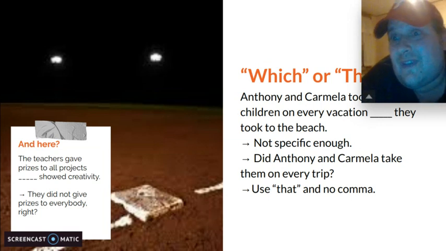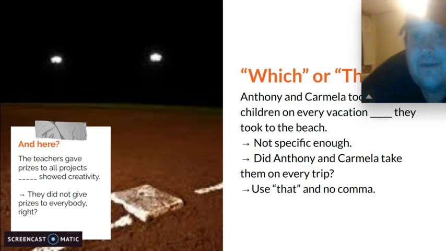Because their children weren't there when they weren't born, right? So now we need that to make this specific, that they took to the beach. Now it's like, okay, so they went on every vacation that they took to the beach. Now it's specific. So that was essential. This is essential information. Okay? And remember, don't use the comma there.